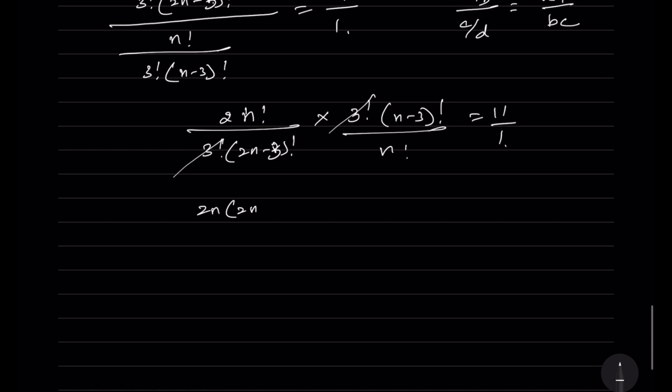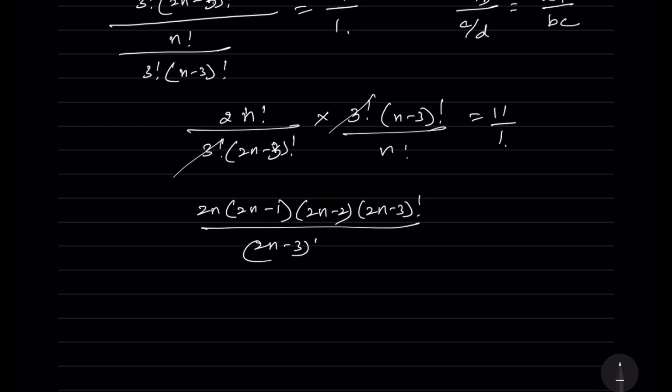So 2n minus 1 into 2n minus 2 into 2n minus 3 factorial divided by 2n minus 3 factorial into n minus 3 factorial divided by n into n minus 1 into n minus 2 into n minus 3 factorial, which is equal to 11 by 1.